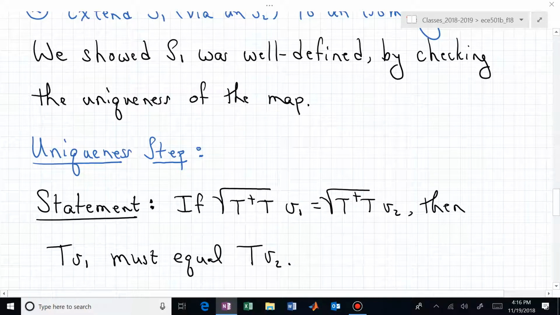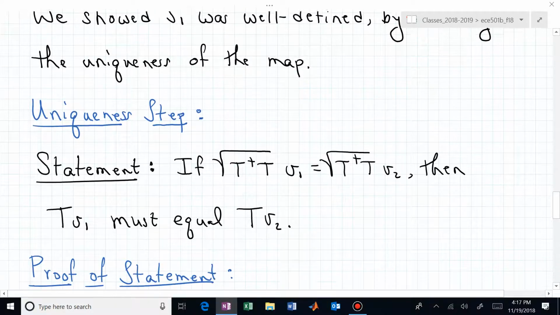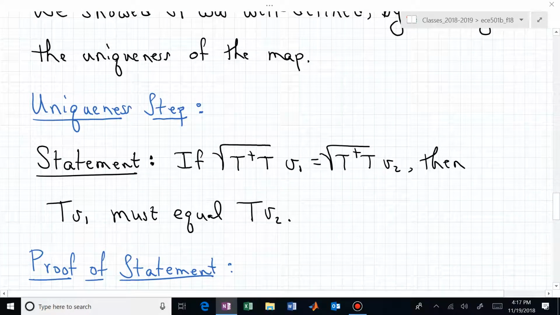So we need this uniqueness of mapping: if v1 goes through the square root of T dagger T and that's equal to where v2 takes us, then Tv1 must take us to the same place as Tv2.